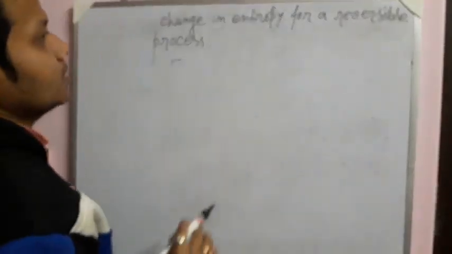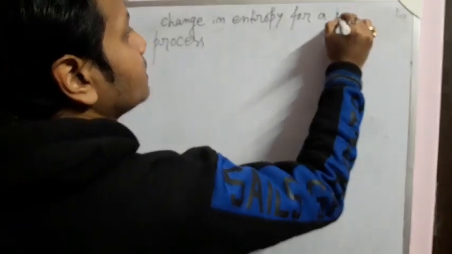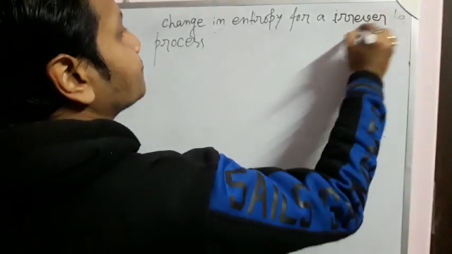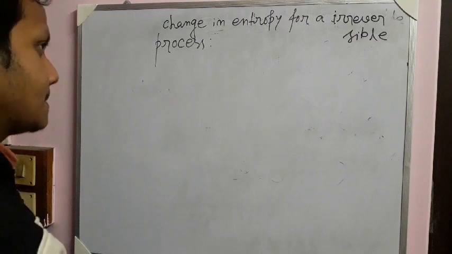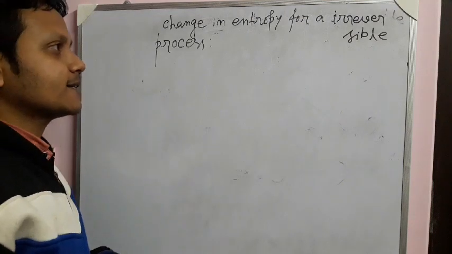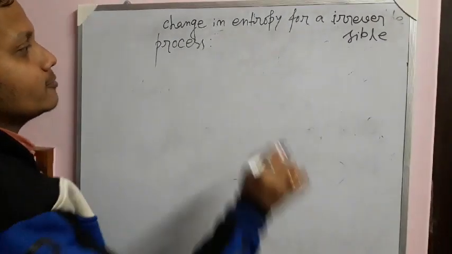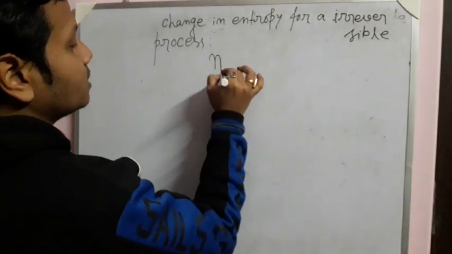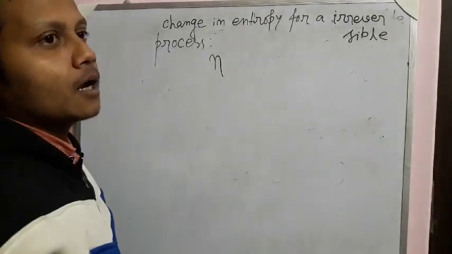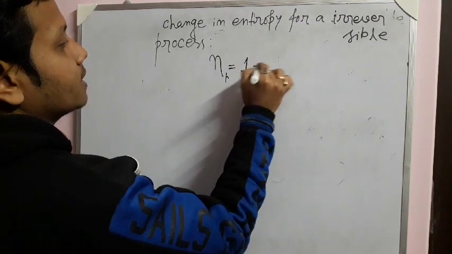So what happens in case of an irreversible process? So let's check. The process is irreversible. Now here we have previously discussed that the efficiency of a reversible Carnot engine working between two temperatures, say T1 and T2, is 1 minus T2 by T1.